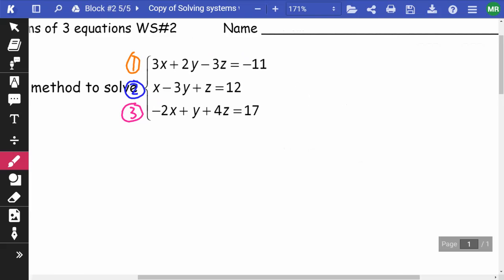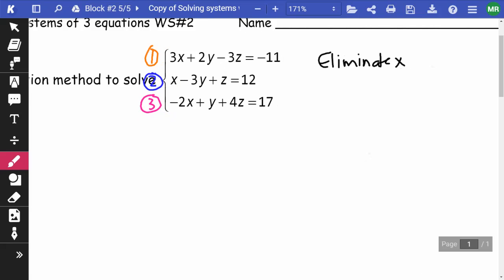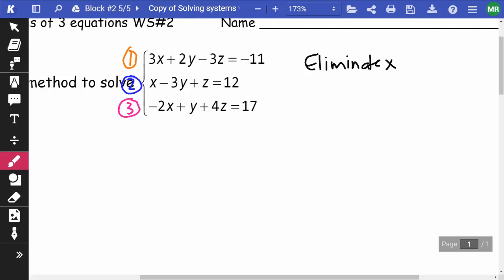Don't have to, but that's what I'm going to do. I'm going to eliminate x, and I am going to use equations 1 and 2, and 2 and 3. That's what I'm going to do.